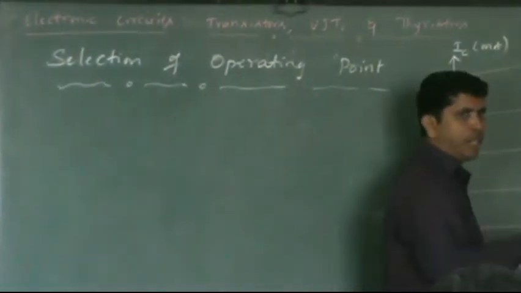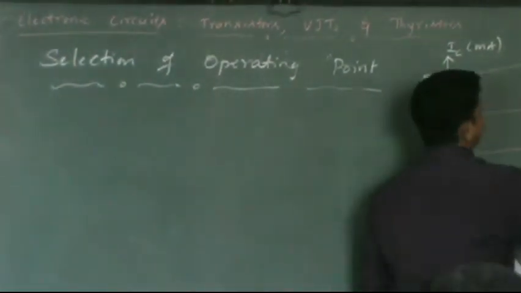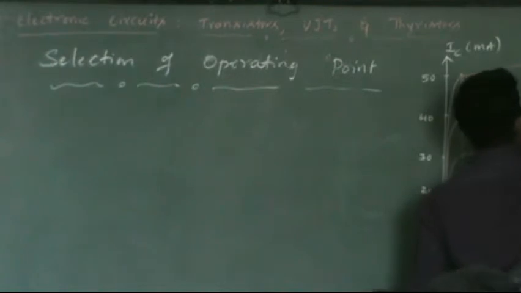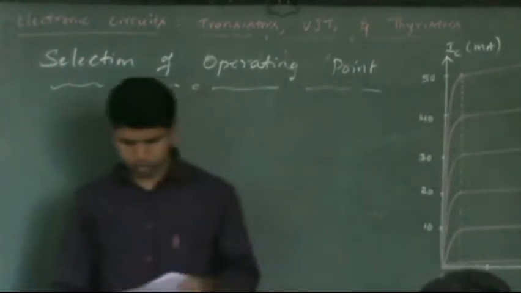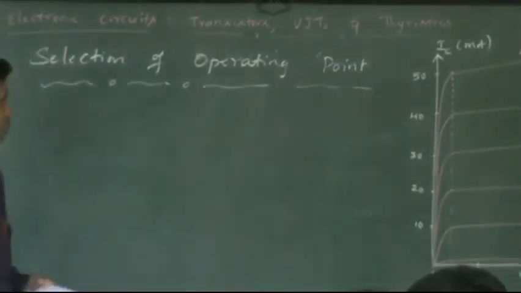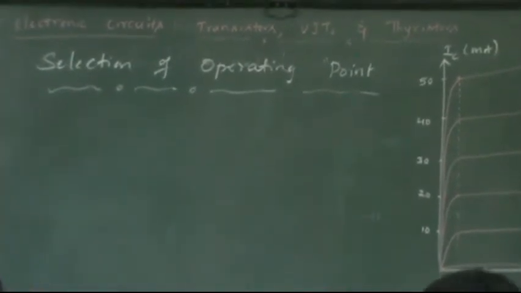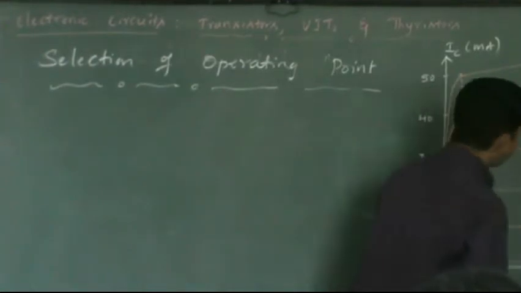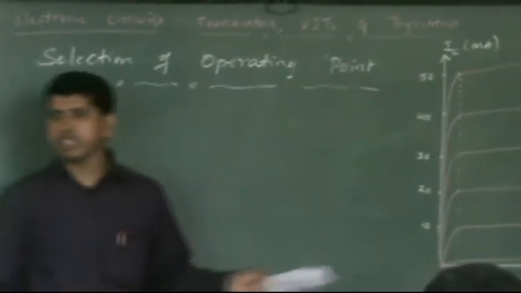P is equal to V into I. You take that, and this curve is going to appear in this manner. PD max, the maximum power dissipation. Any questions while plotting this curve?